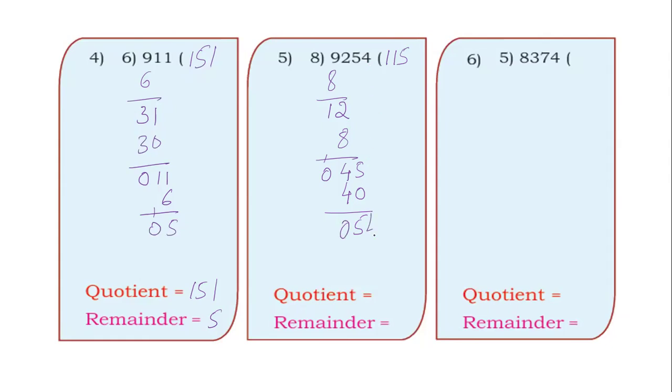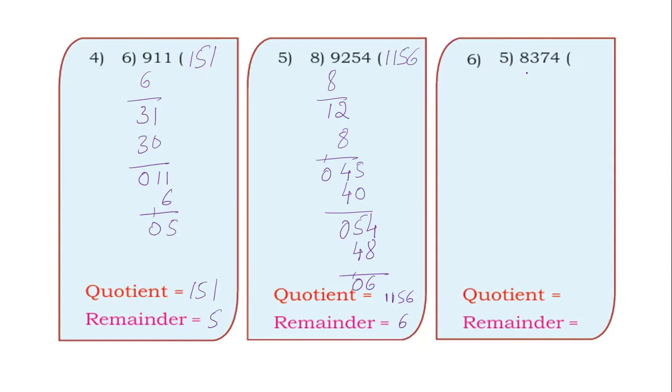Take this 4. It becomes 54. 8 sixes are 48. 54 minus 48 is 6. Quotient is 1156. Remainder is 6.